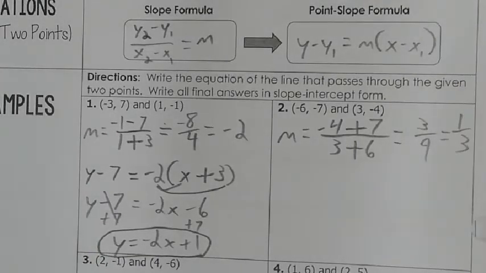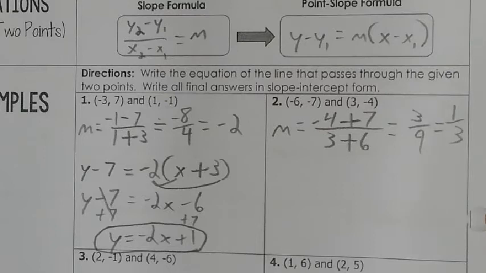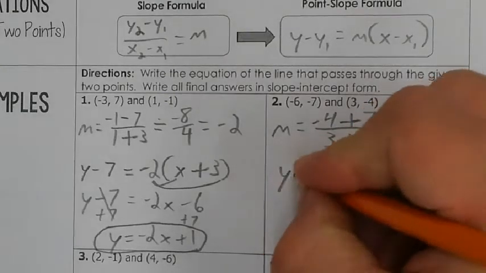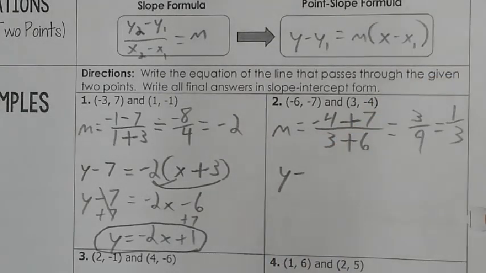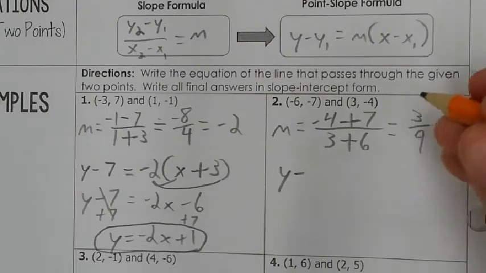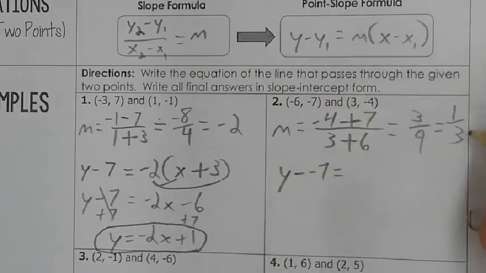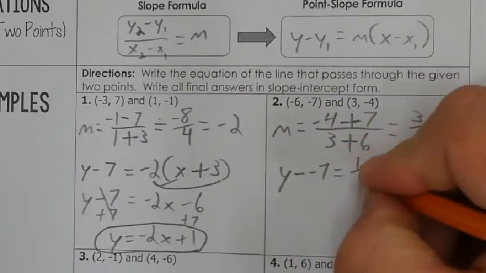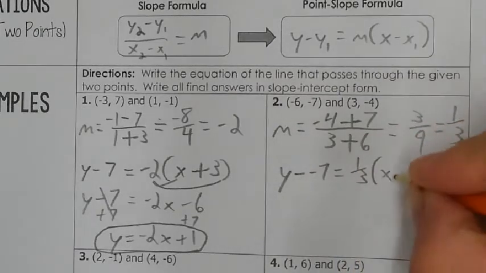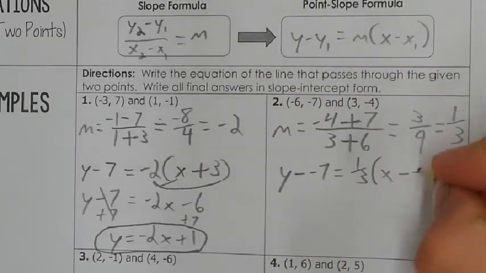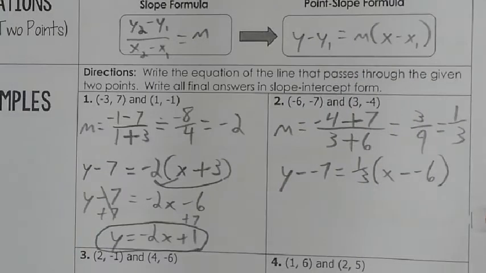So now we have y minus y1, which is negative 7, equals our slope 1/3, x minus our x1, which is negative 6. So what do I do with both of those minus and negatives?